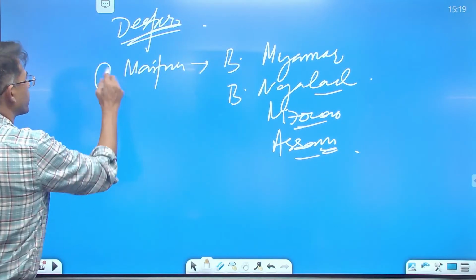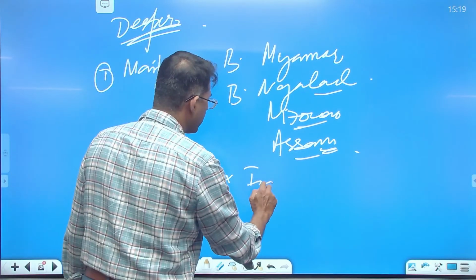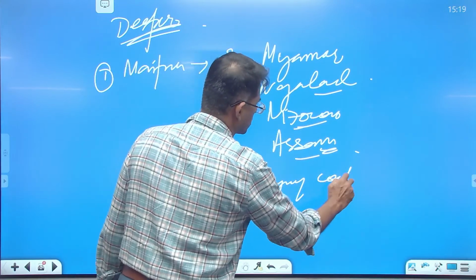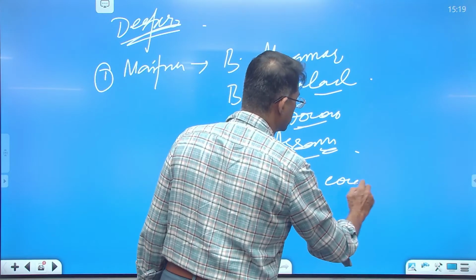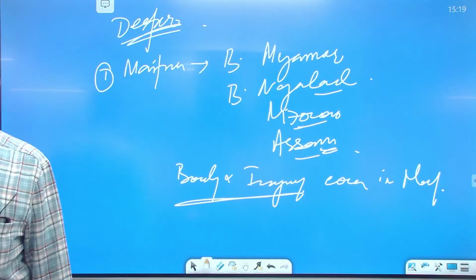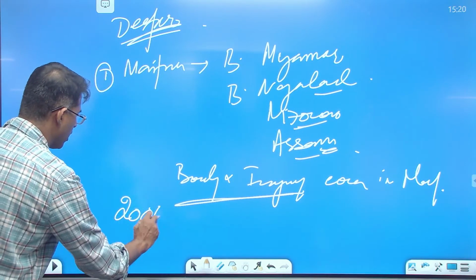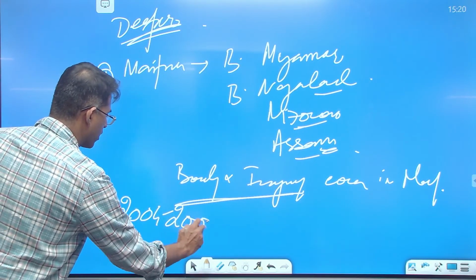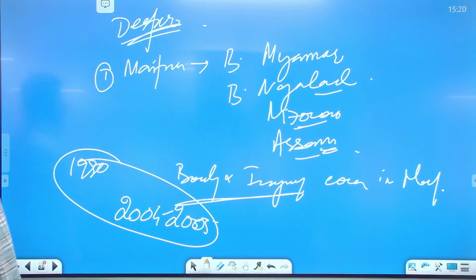Okay, that's one. So there are boundaries, and there are insurgency concerns in Manipur. This has been a historical problem. Because of tacit support from Myanmar, insurgents and smuggling were going on, till 2004-2005. From almost the 1980s onwards, Manipur was declared a disturbed state.